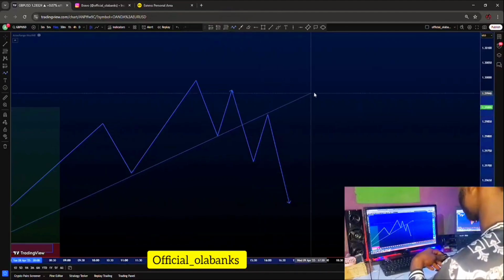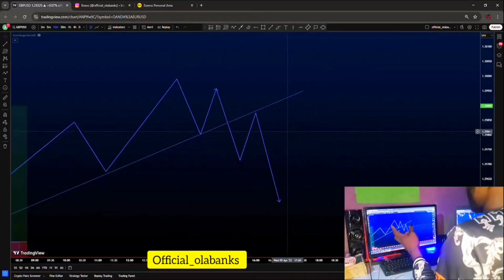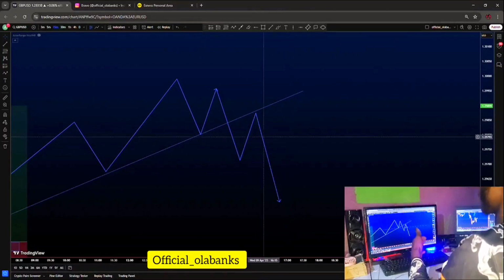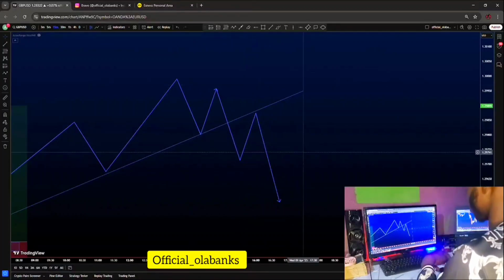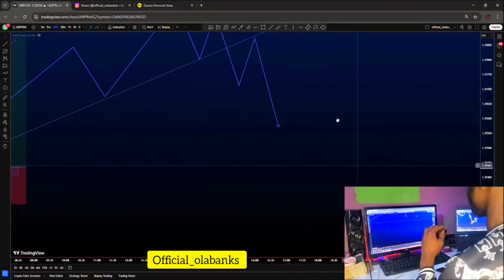This is called a change in sentiment. The market was trending upward before, but now it is a sign of reversal, that the price wants to start selling.